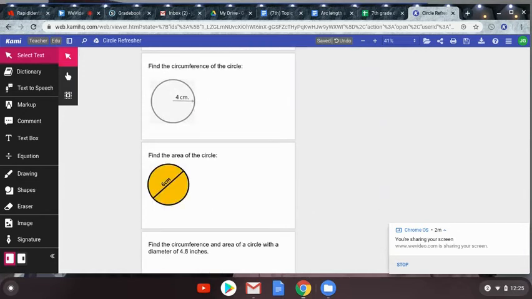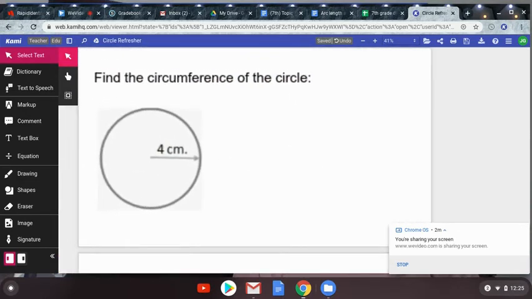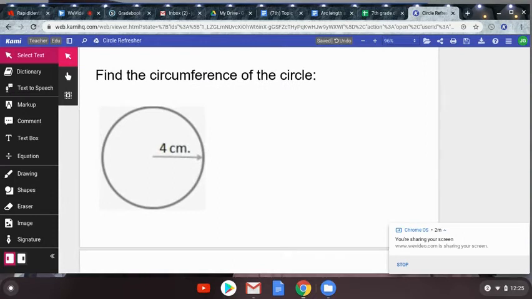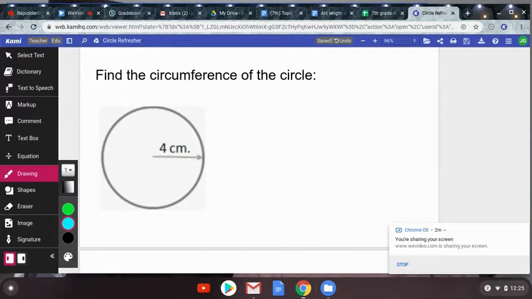Some of the problems that we did last week just simply asked us to find the circumference of a circle. Now, whenever I'm doing circle problems, I use this strategy called CARD. So I write CARD upside down, C-A-R-D, and that just helps me organize the information I have.